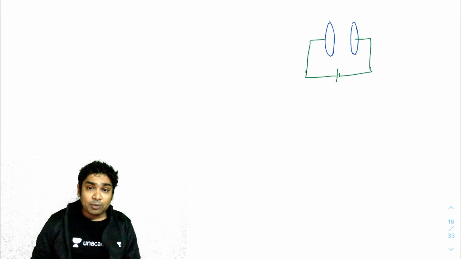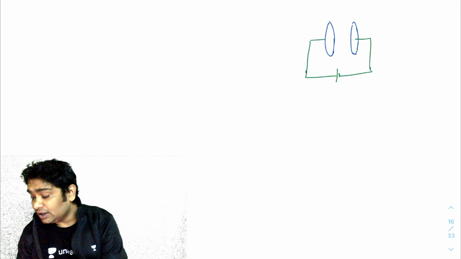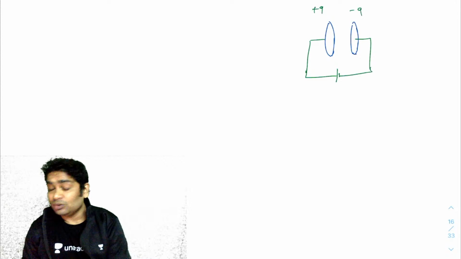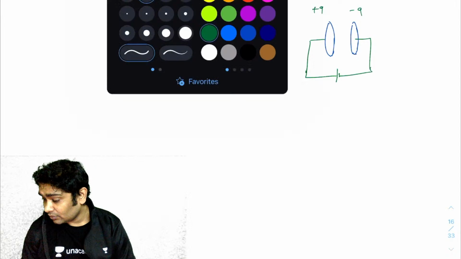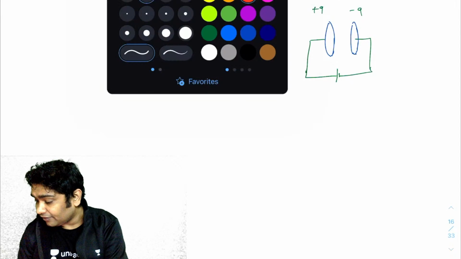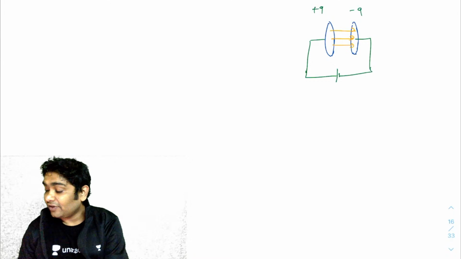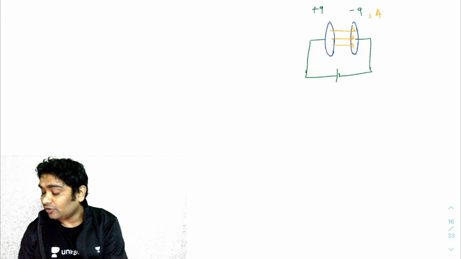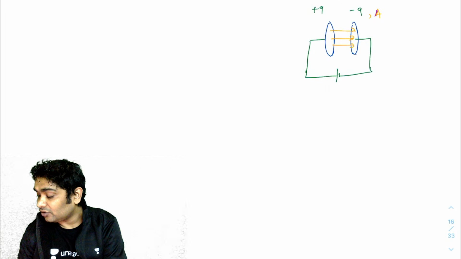Now, at a certain point of time, if I assume that the charge on this is some plus Q and charge on this is some minus Q, then what will be the electric field in the middle? So I can say that the electric field in this region at this instant, if A was the area of cross section of these plates, imagine A was the area of cross section of these plates.